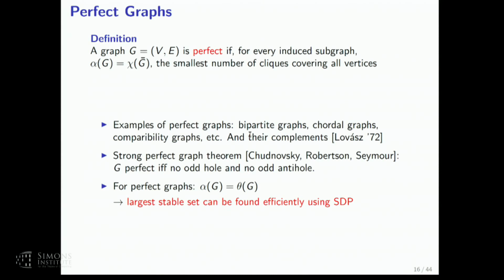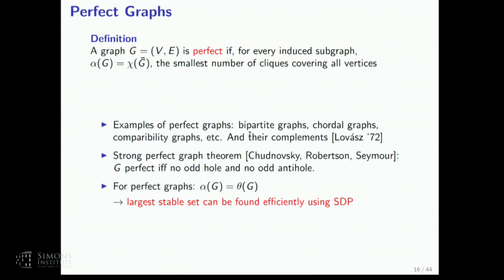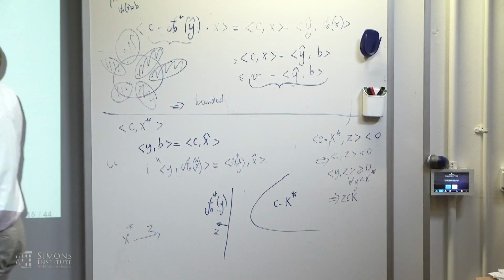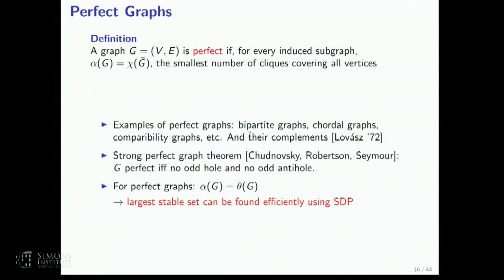So if I have a stable set S, and a bunch of cliques that cover all the vertices of my graph, then each clique can contain at most one vertex of my stable set. So this is a clique, that's a clique, that's a clique, but each clique can contain at most one vertex of my stable set. And so the smallest number of cliques covering all the vertices is an upper bound on the stable set number.